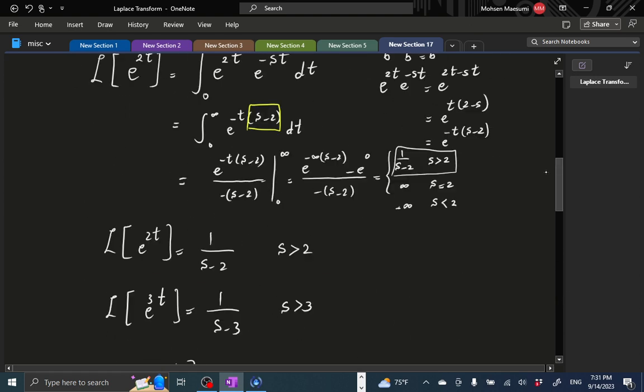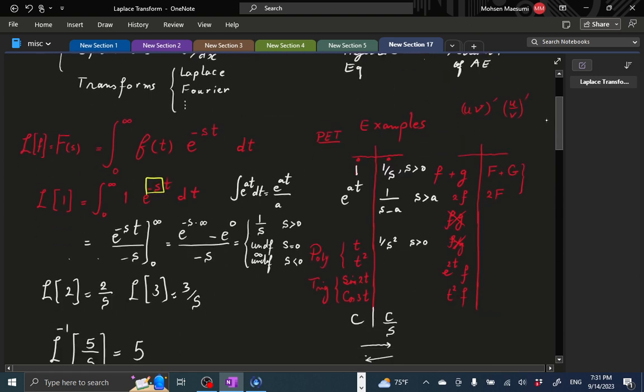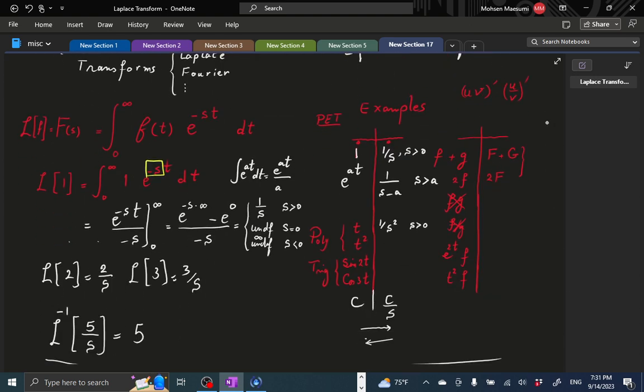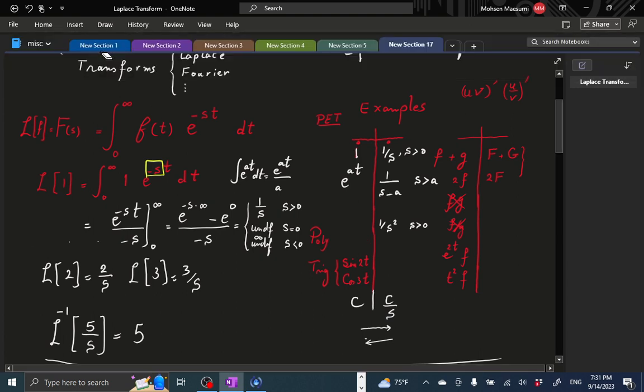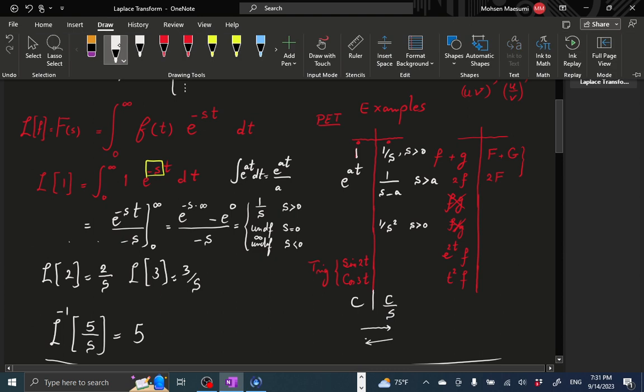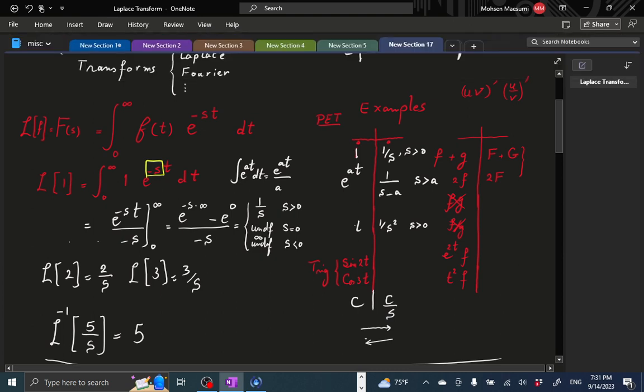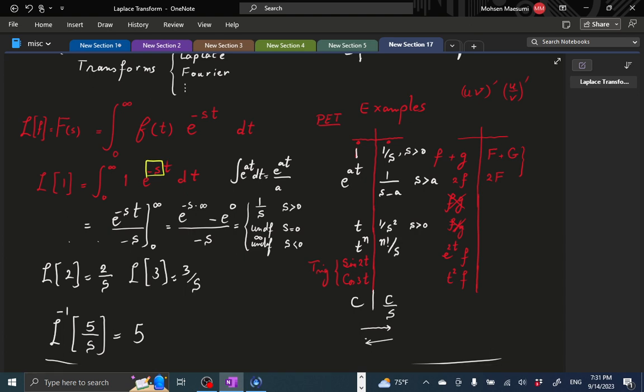So that's one more achievement here. For the case of polynomials, we have answered all of them. This is for t to the power of n, n factorial over s to the power of n plus 1, and that one also s is larger than 0.